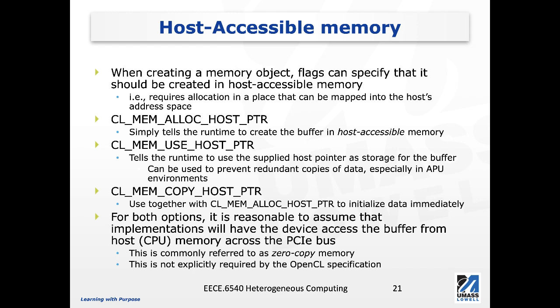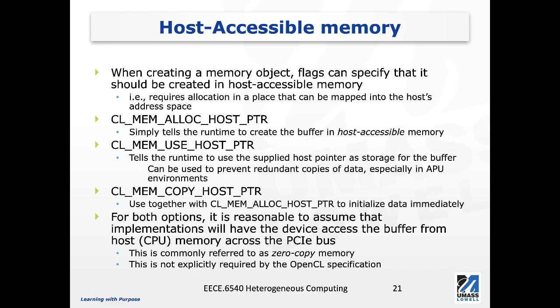Now let's talk about host accessible memory. When you create a memory object, you can use a flag to specify that this memory object should be created in host accessible memory. Now, host accessible memory is not necessarily on the host. If on the device side you have a memory space that is accessible to the host, you can also assume that OpenCL can use that part of the memory.